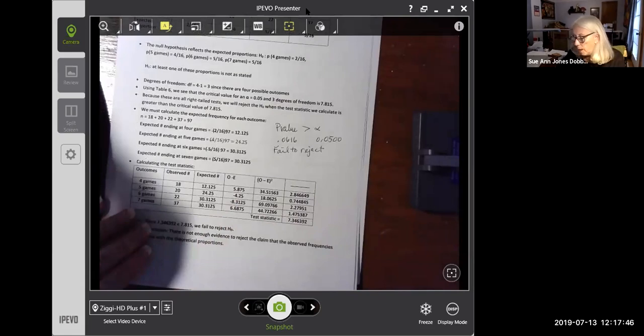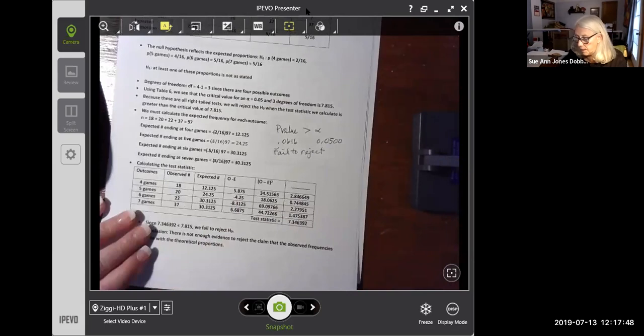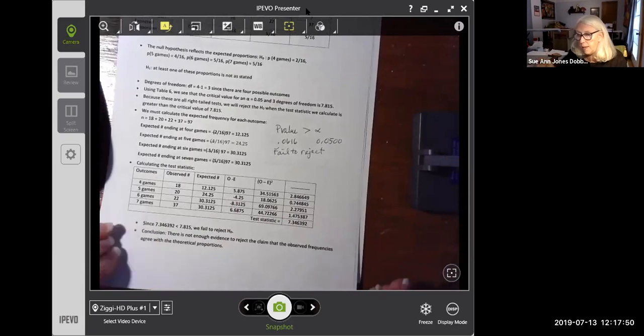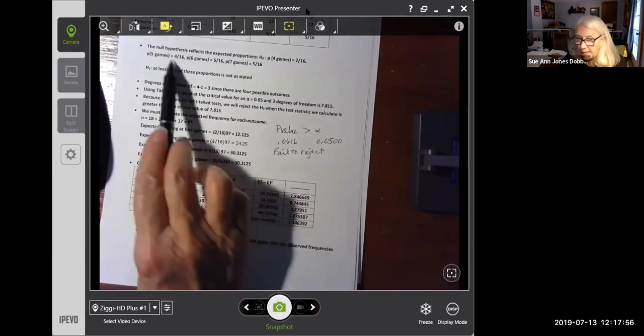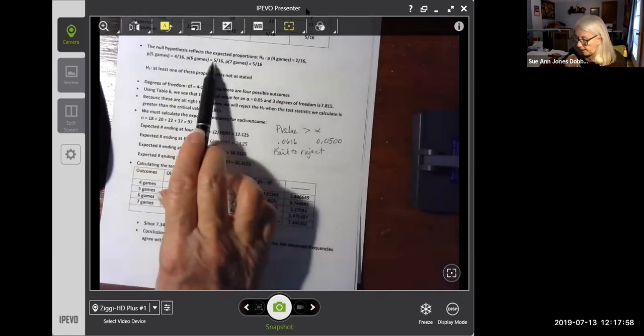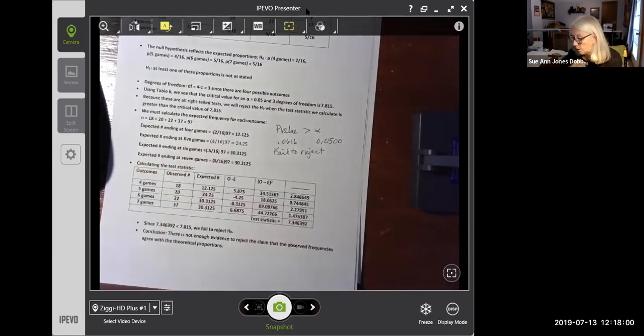So it has done the test correctly. And now you have to write the conclusion sentence. So again, we failed to reject this idea, right? And so we would have to state there's not enough evidence to reject the claim that the observed frequencies agree with the theoretical proportions or frequencies.